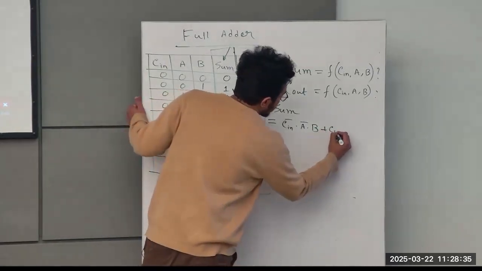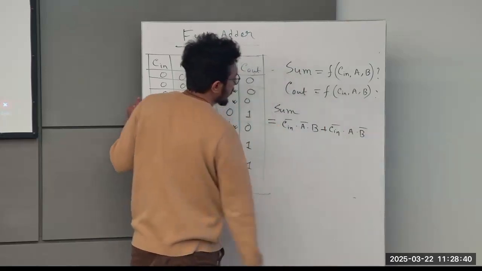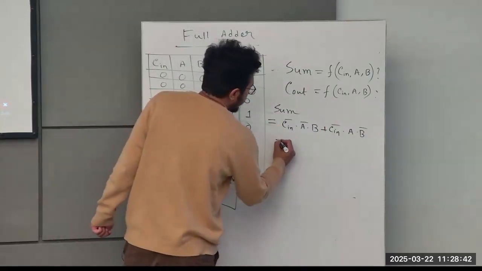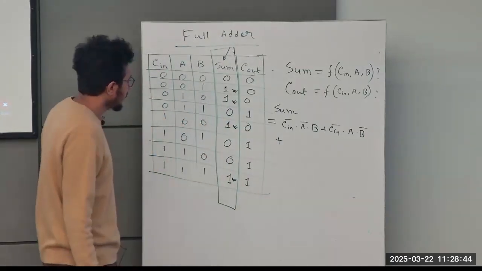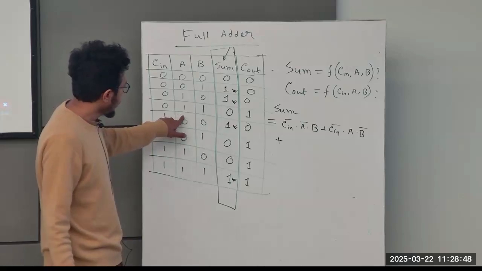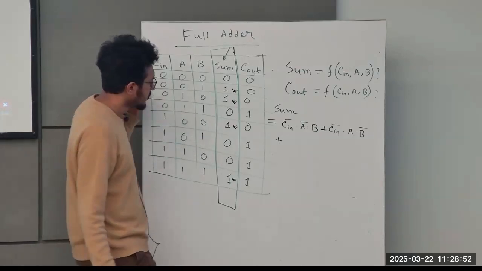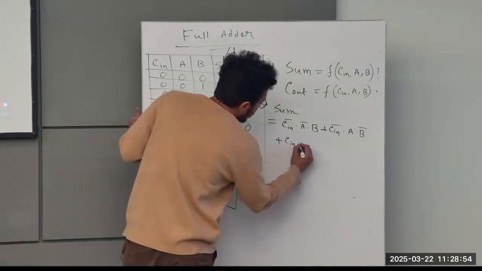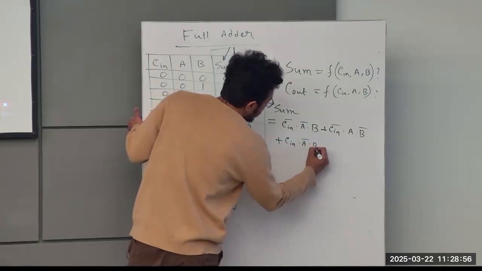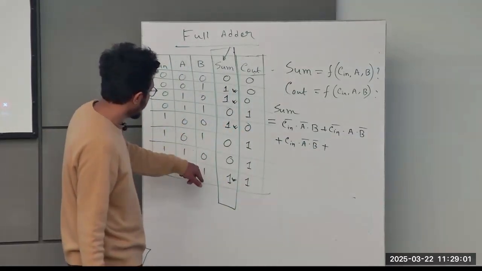Now, what do we have here? C in A naught, B naught. And what's the last one? We have another one.